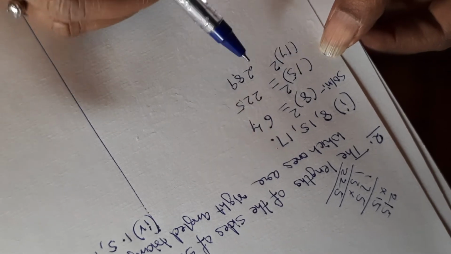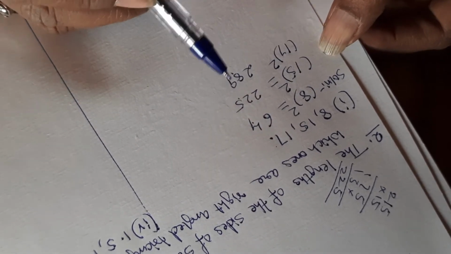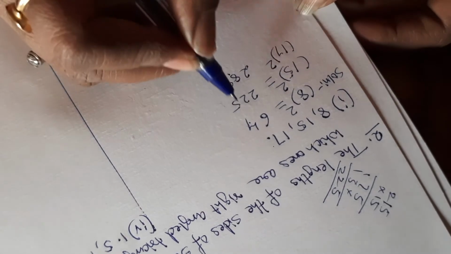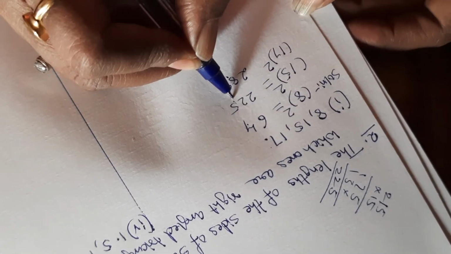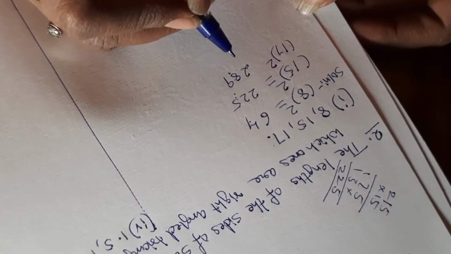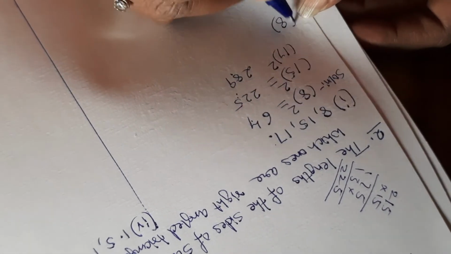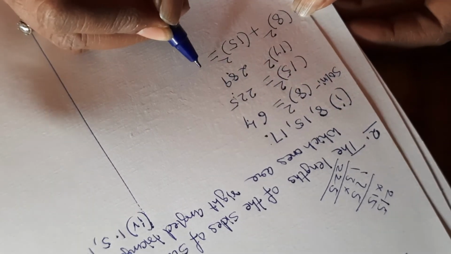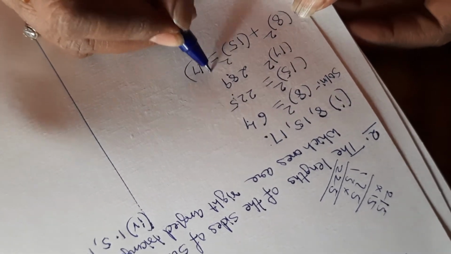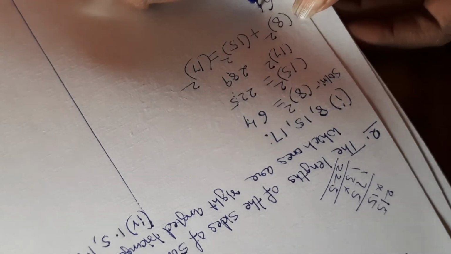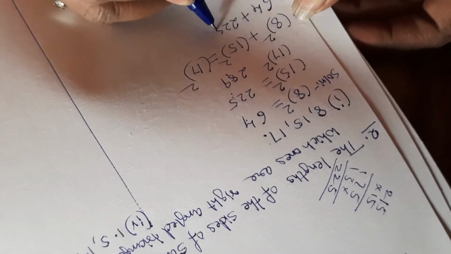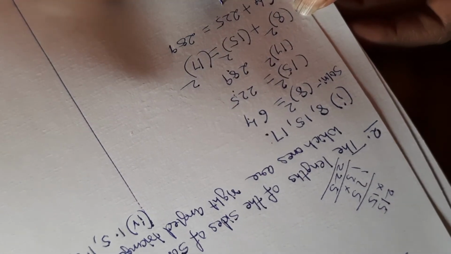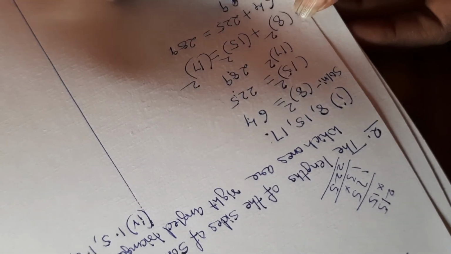Now you tell me which one is the biggest. Of course 289 is the biggest. So let us see whether 64 plus 225 is giving us 289 or not. So we'll write like this: 8 square plus 15 square is equal to 17 square. 64 plus 225 is equal to 289. 5 plus 4, 9. 6 plus 2, 8.